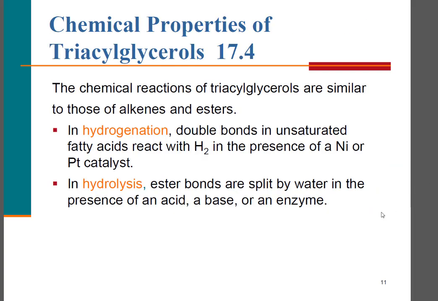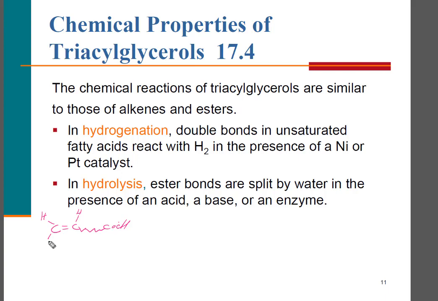Right, so this slide is talking about something interesting. Hydrogenation. We'll talk about hydrolysis in a bit, but we'll talk about hydrogenation here first. Remember, hydrogenation, if you have a carbon-carbon double bond, and we'll make it a cis double bond. Okay, we'll make it a fatty acid.